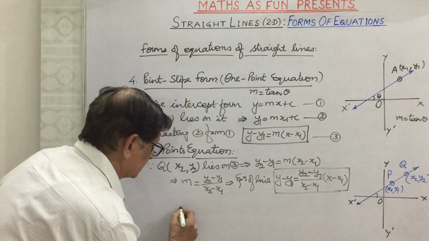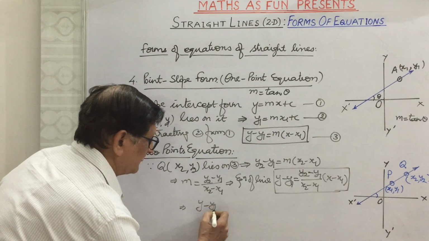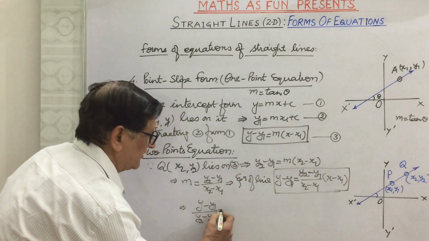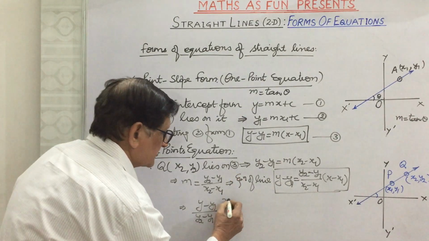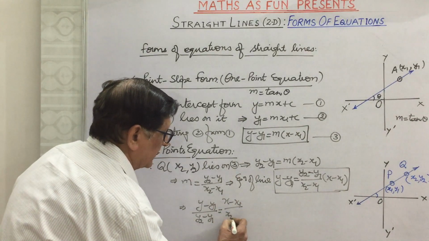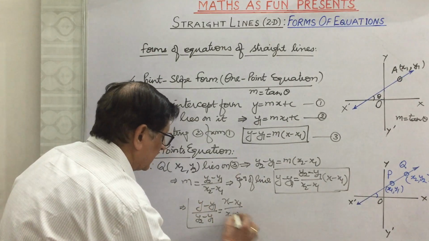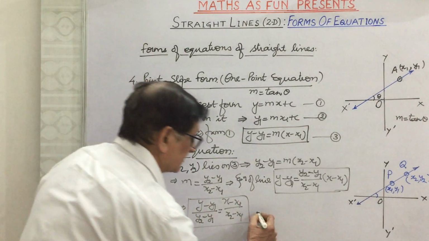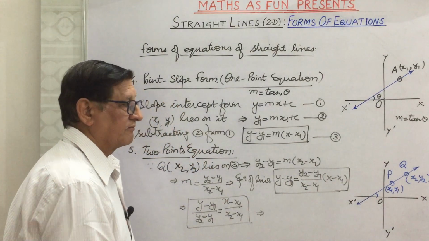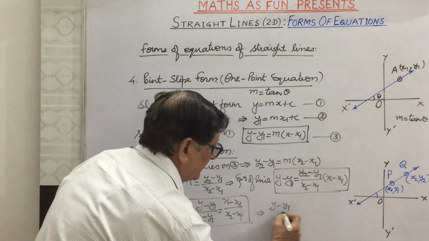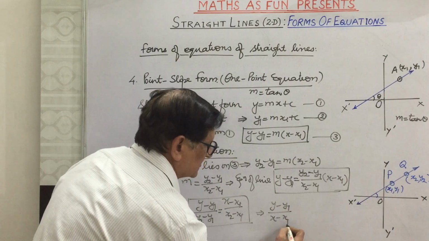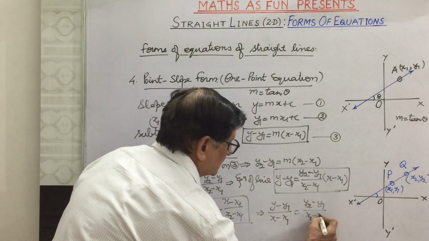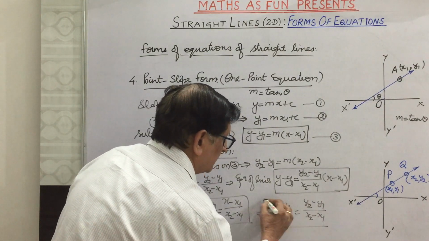We can also write this as (y minus y1) upon (y2 minus y1) equal to (x minus x1) upon (x2 minus x1) by transposing. The same equation can also be written as (y minus y1) upon (x minus x1) equal to (y2 minus y1) upon (x2 minus x1).